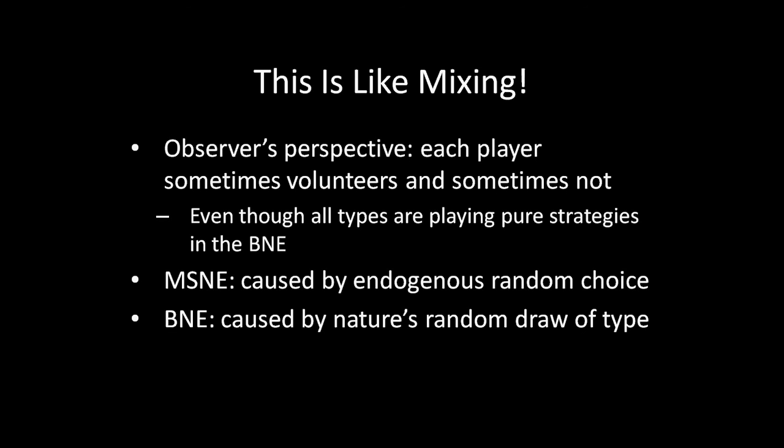Nature is drawing either a high cost or a low cost type, and that's what's causing us to observe this randomization. This is actually going to be very important, and that's going to be the subject of the next lecture. We're going to see that, in fact, mixed strategy Nash equilibria very closely approximate Bayesian Nash equilibria. That's a huge revelation, and we'll talk about that in the next lecture.